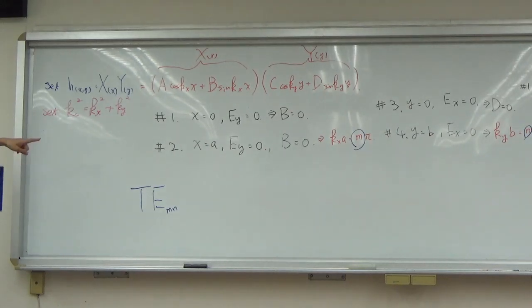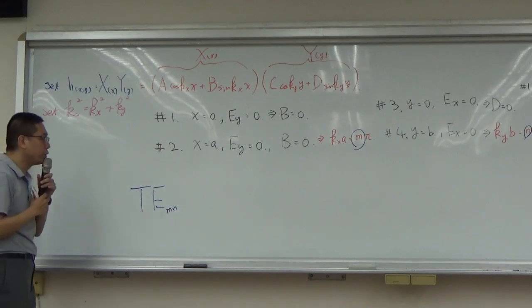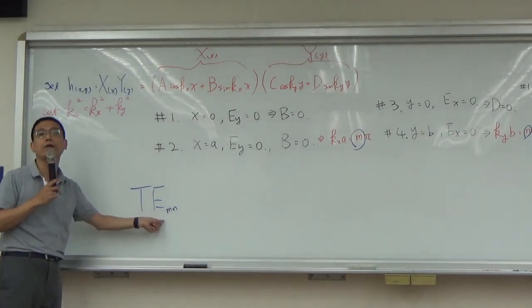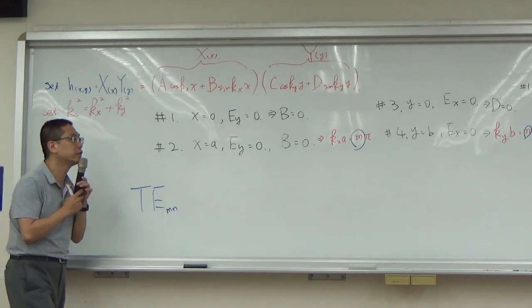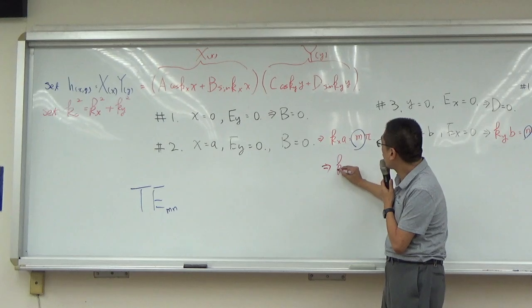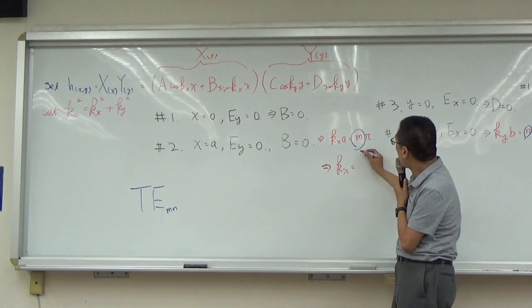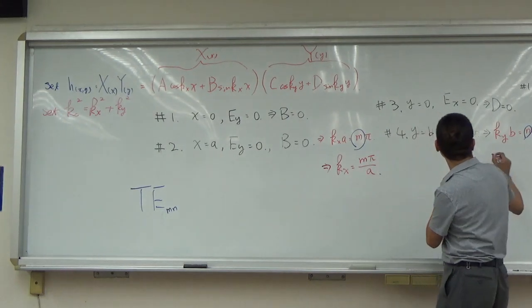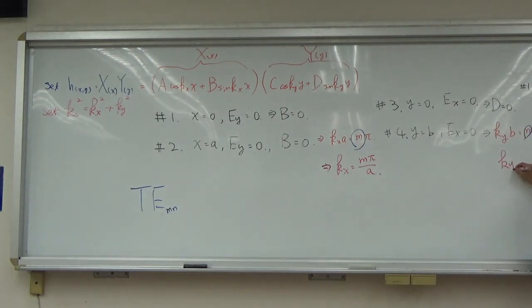Okay, so this result is important. You know which one you are trying to calculate. You know your kx equals m pi over a, and your ky equals n pi over b.